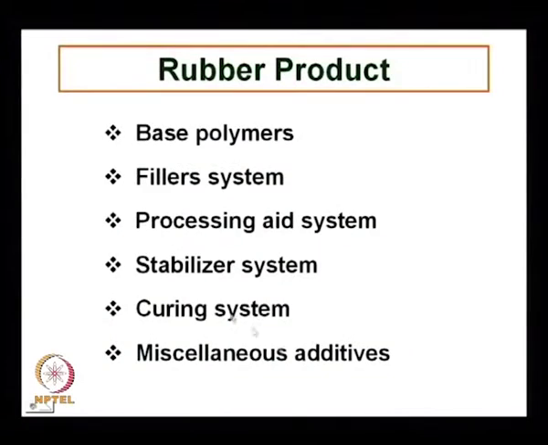Okay. Now, this slide shows the major components present in a rubber product. Base polymer may be natural rubber, styrene butadiene rubber, polyisoprene rubber, butyl rubber, polybutadiene rubber, chloroprene rubber, the names I have mentioned already. And the filler system means we incorporate fillers which increase the volume of the rubber product, and sometimes impart improvements to develop a broad spectrum of properties.